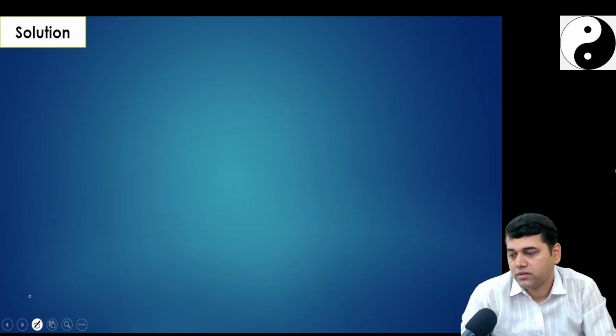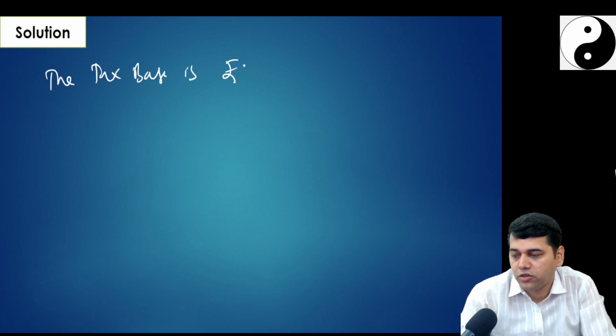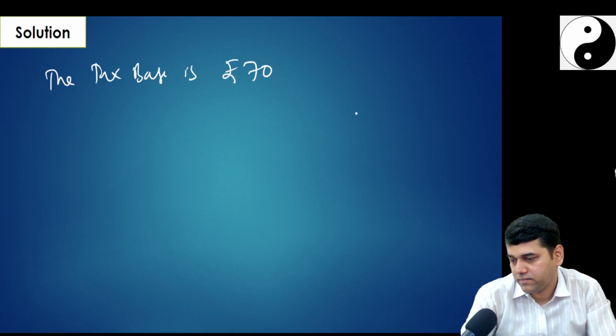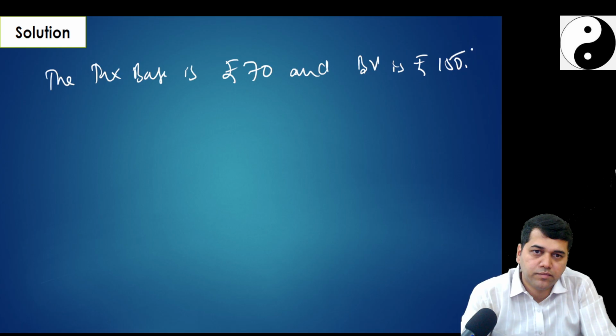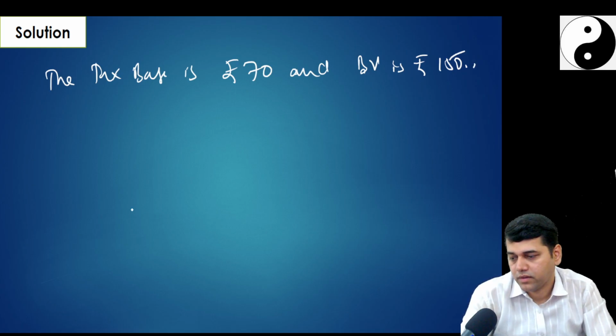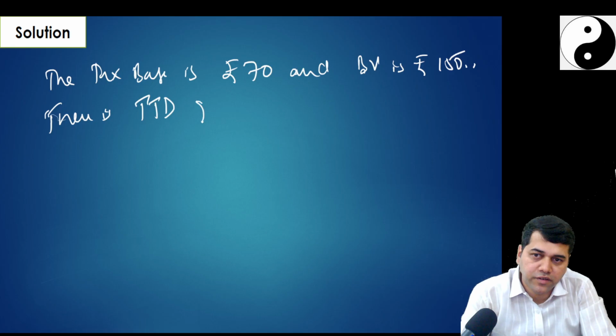Solution. The tax base is rupees 70 and book value is rupees 150. There is a taxable temporary difference of rupees 80.